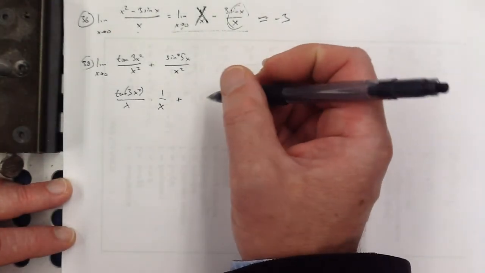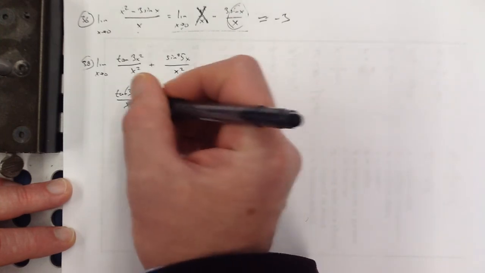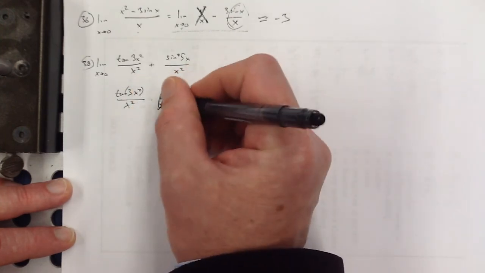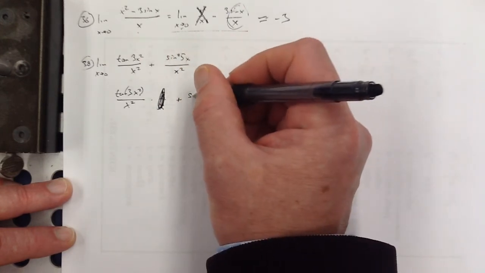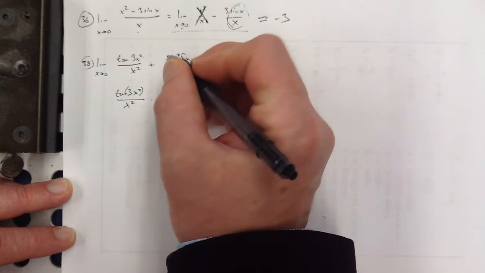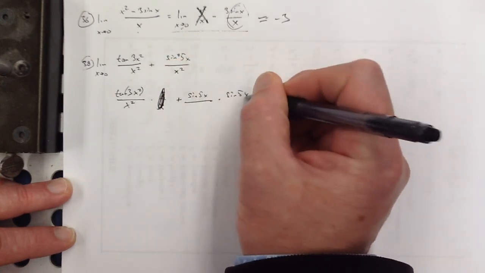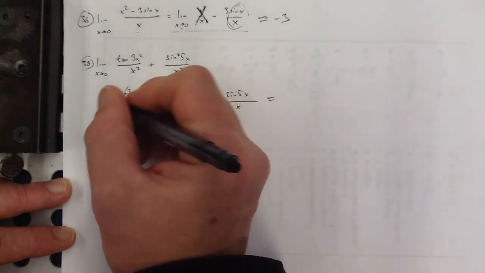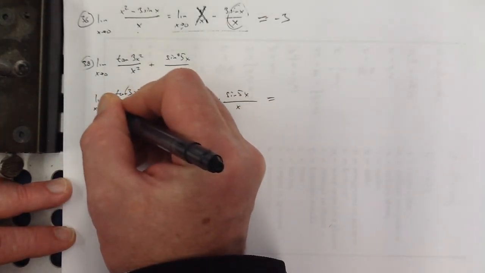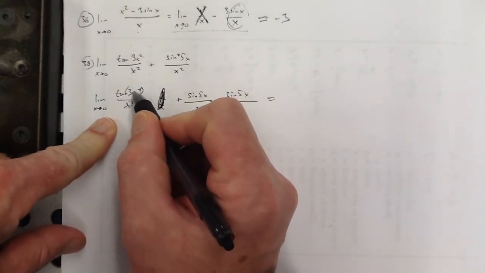Plus. Oh, wait a minute. No, I don't want to do that. And this is the sine of 5x. This means sine squared means I've got two of those. All right, so those things here do match up, so it's just 3 over 1.